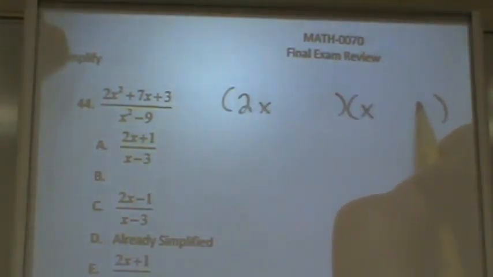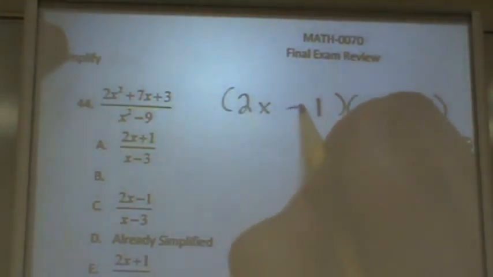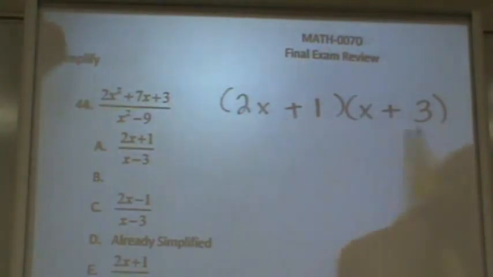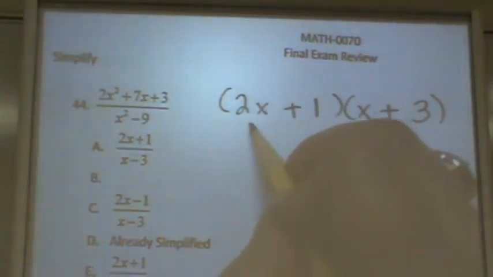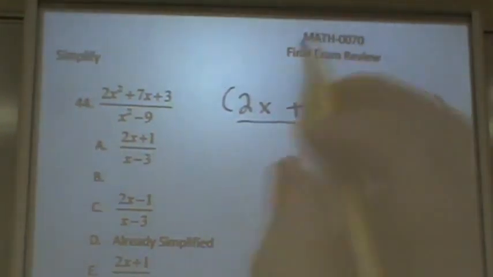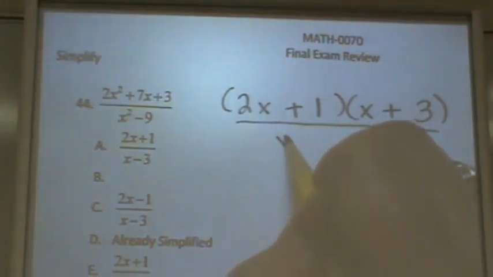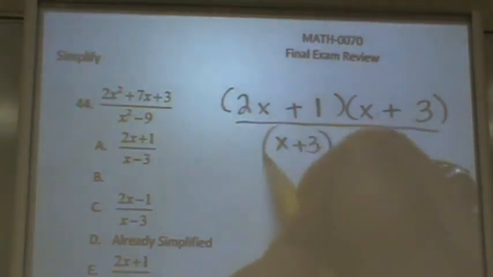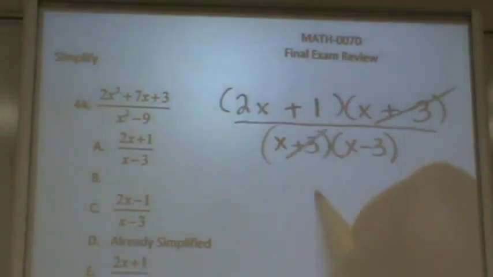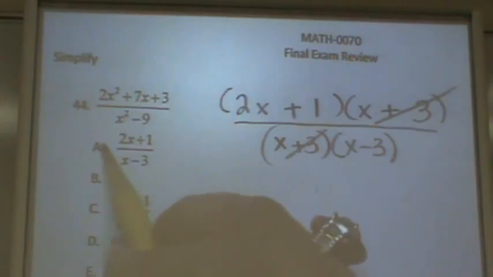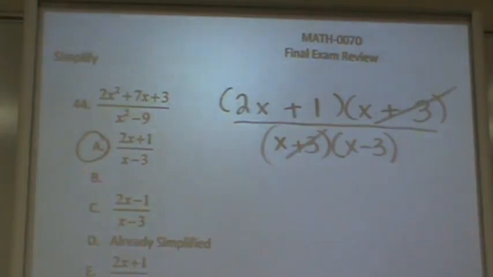Well, if I put a 3 here and a 1 here, when I OI it, because I already did F and L, it's fine, but 6 and 1 is 7, so that works nicely. X squared minus 9 is the difference of two perfect squares, so that's an easy one to factor. These two cancel, so your answer is 2x plus 1 over x minus 3. A is the correct answer for 44.